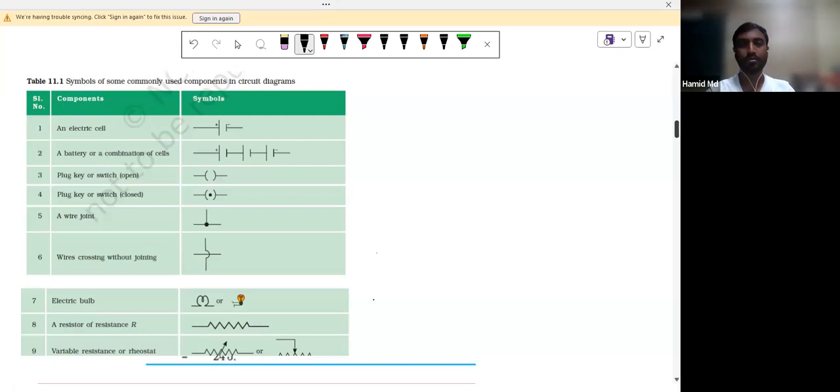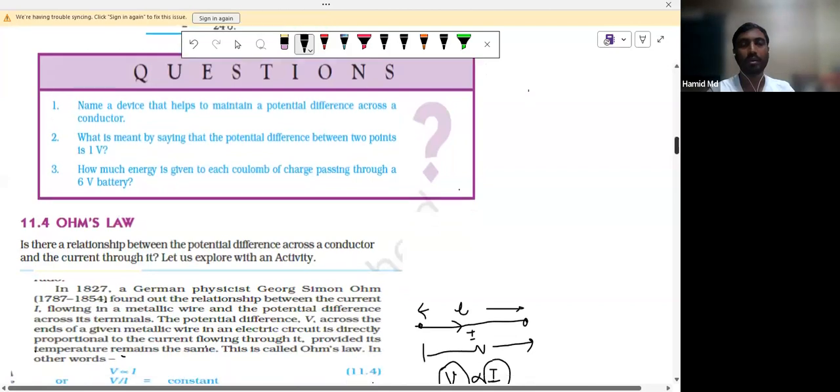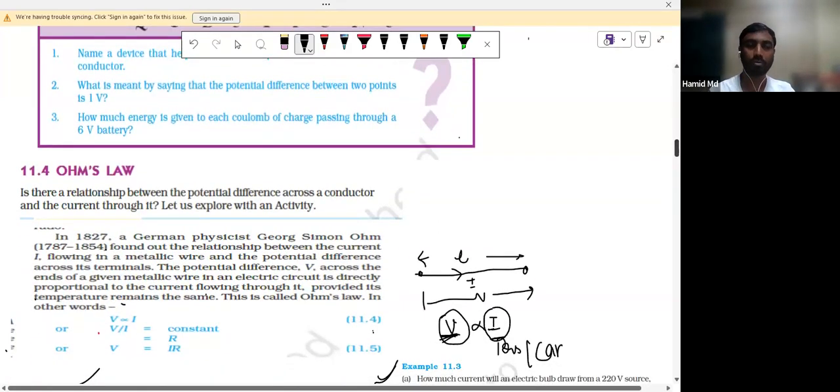Okay, sir. So these were the symbols of circuit diagrams. Any electric circuit is made up of different components, and those components can be written in a standard form in terms of these symbols, right? So we will come to the point where we will see. After that we studied Ohm's law.